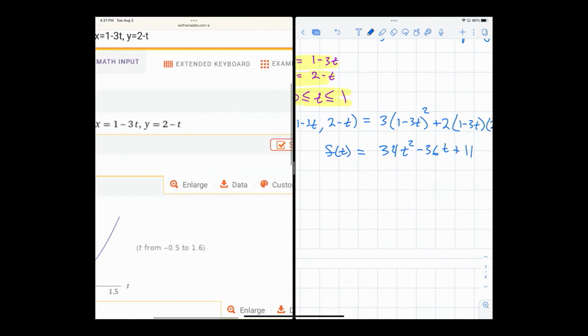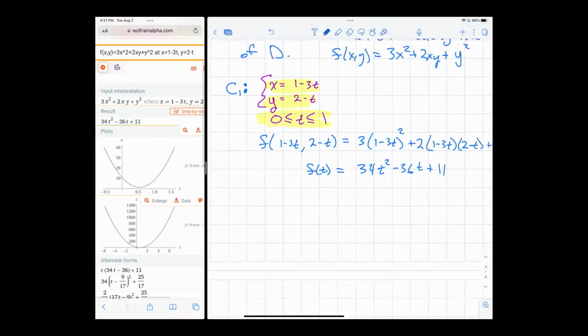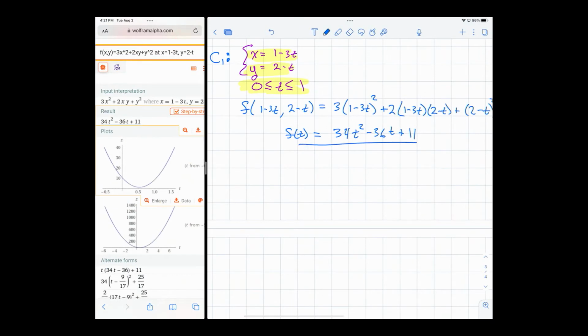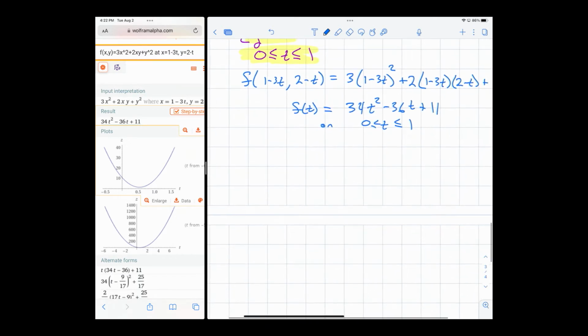Then what I need to do is find critical points of this. This is a separate optimization problem like you would do in Calculus 1. I know my t values are between 0 and 1, so we have to find any maximums or minimums on this piece of the curve. So you do the whole optimization process from Calculus 1.